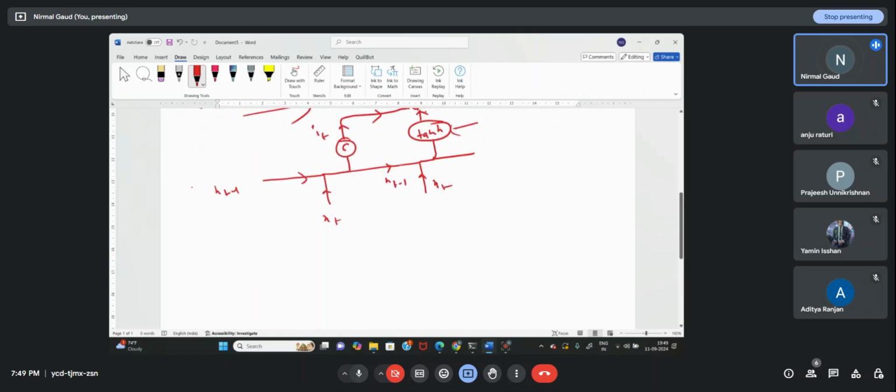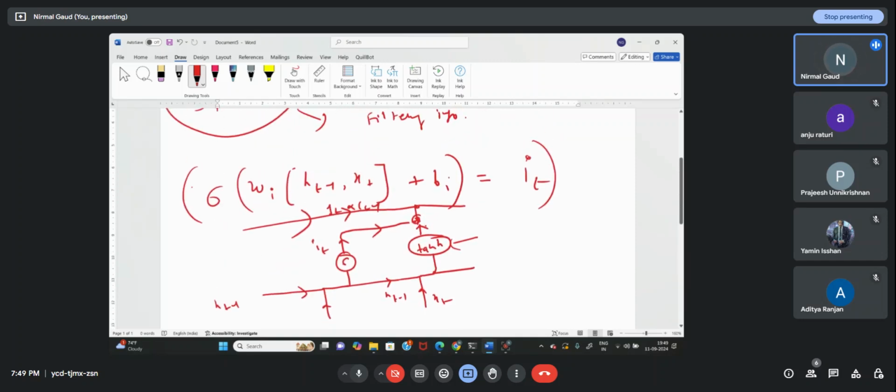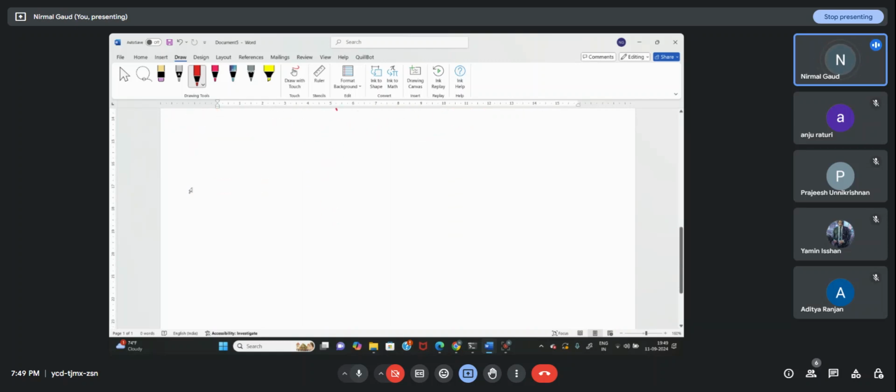If I consider the equations, this is the first equation in the input gate, and this is the second equation in the input gate: tanh of W input, then ht minus 1, xt plus bi. Here you are applying the hyperbolic tangent activation function.